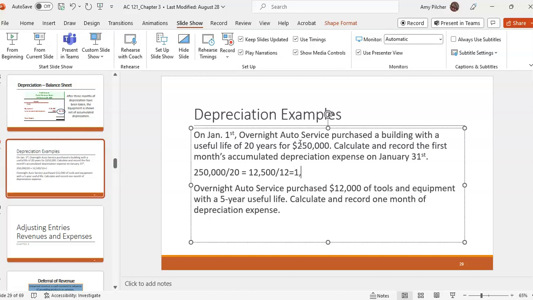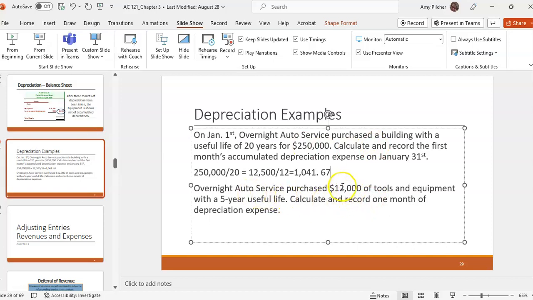It is $1,041.67. Okay, so for our depreciation expense, we would debit depreciation expense for $1,041.67, and we would credit accumulated depreciation building for $1,041.67.